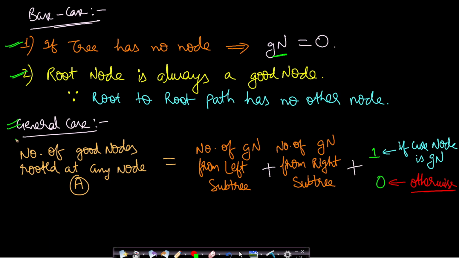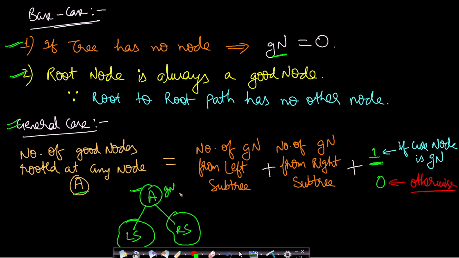Now what is the general case? The general case is the number of good nodes rooted at any node A. That means if we have A here, and if we have a left subtree and a right subtree, then the count of good nodes at A will be equal to the count of good nodes in the left subtree plus the count of good nodes in the right subtree plus 1 if this is a good node, otherwise 0. That means if this is not a good node, then we will add 0. If it is a good node, then we will add 1 to it.